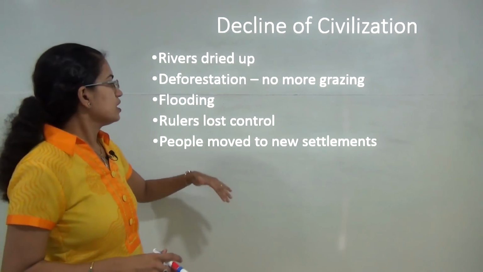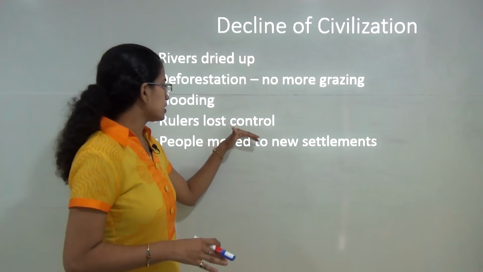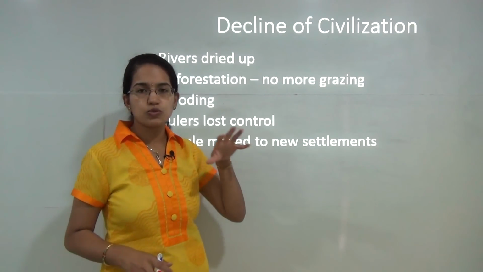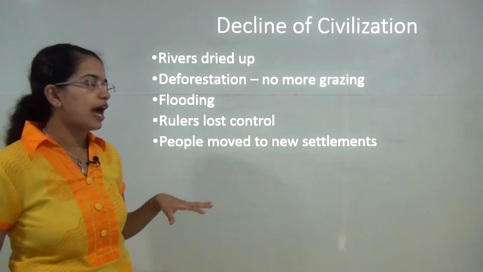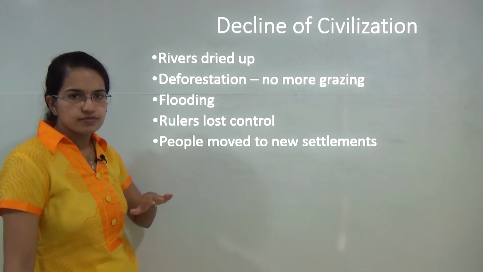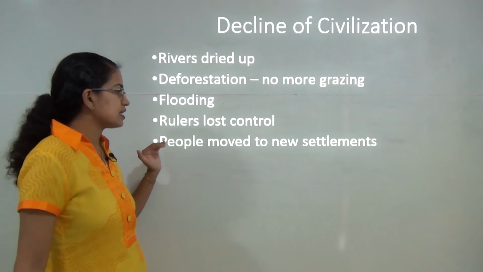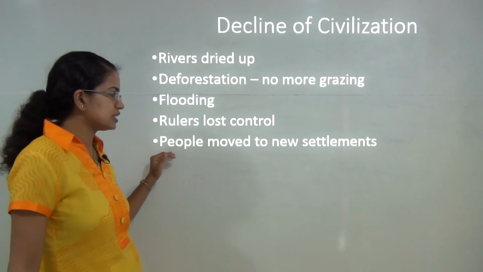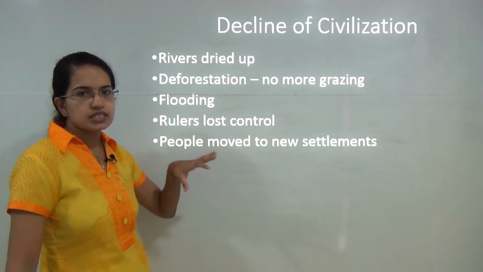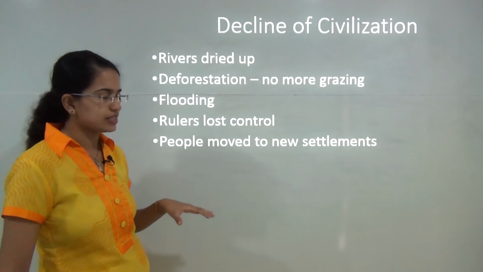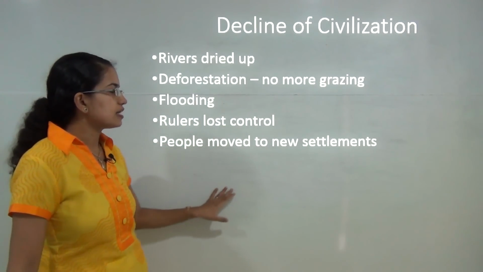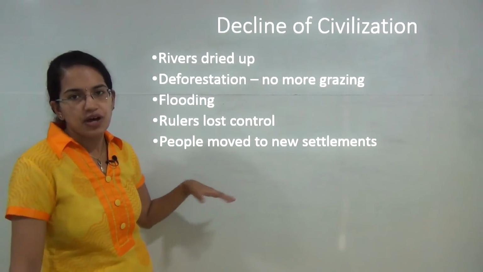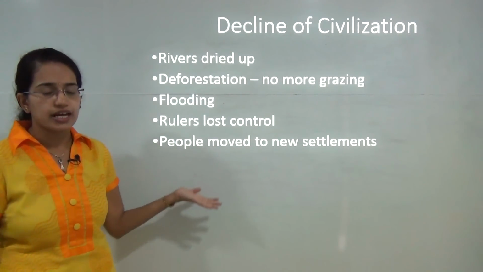Some people say that the rulers lost control and finally the civilization vanished. And finally there is a concept which says that the people from this region moved on to new settlements. So those are some of the reasons which say why the Harappa civilization declined.